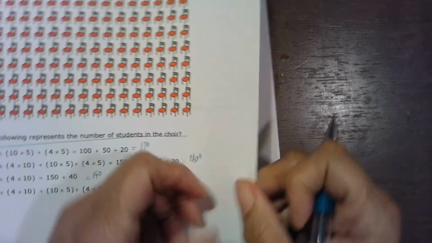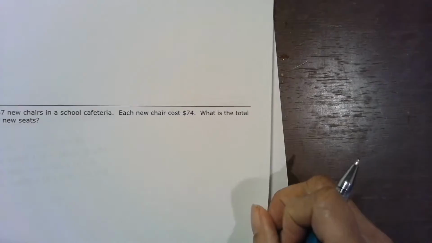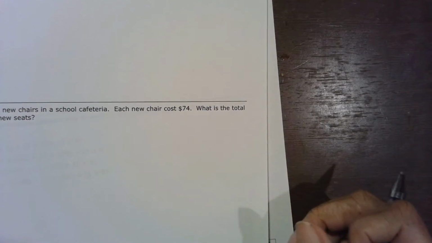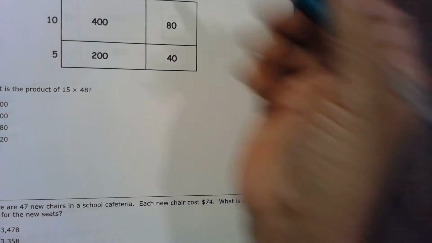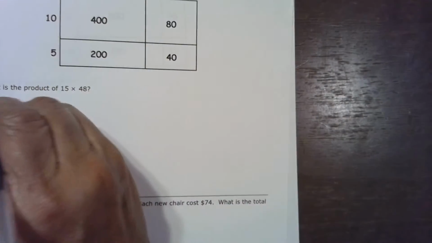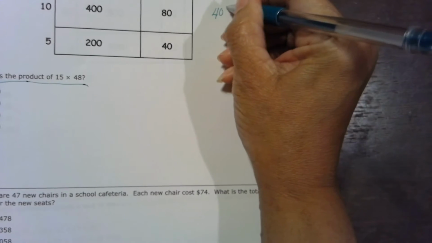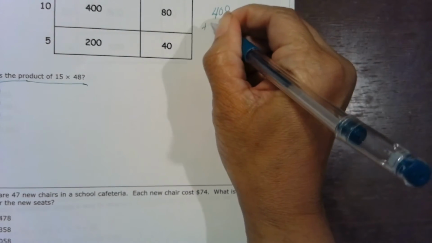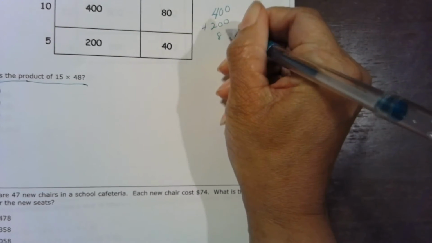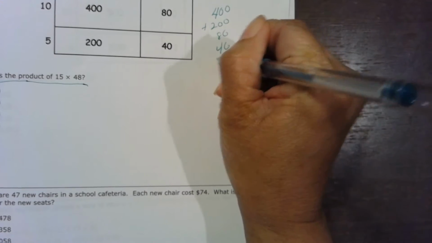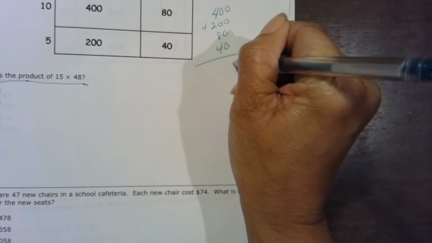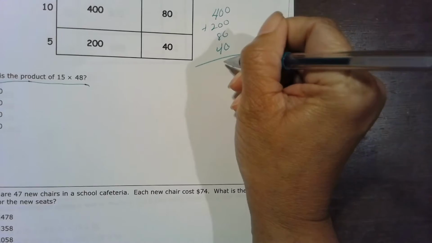Our next example is an area model itself. We want to know the model is, what is the product of 15 times 48? We add up all 4 of our numbers. 8 plus 4 is 12.